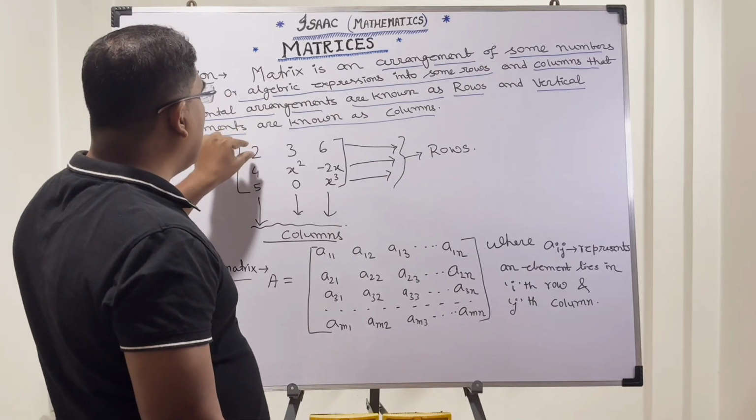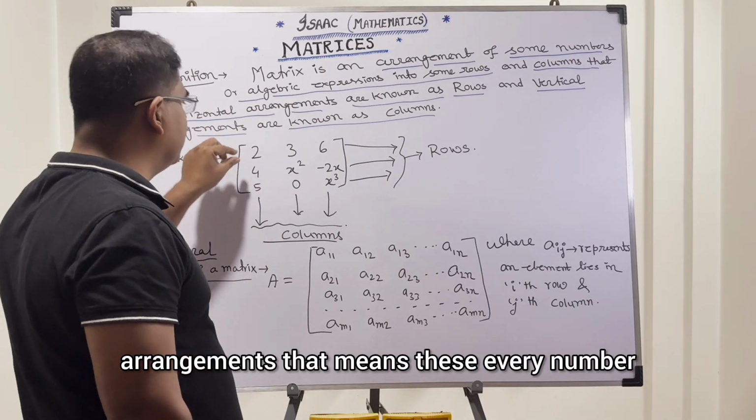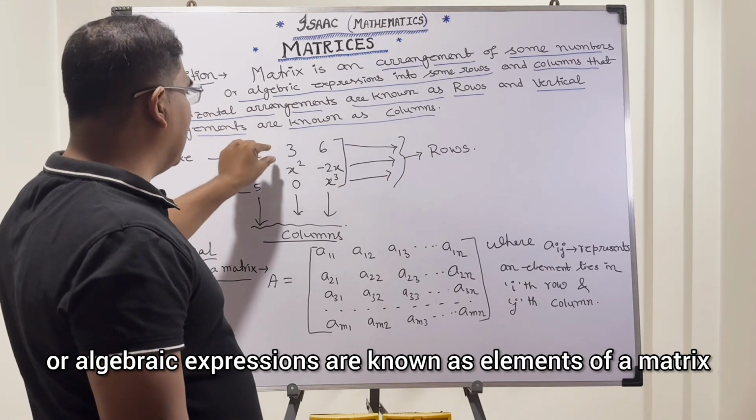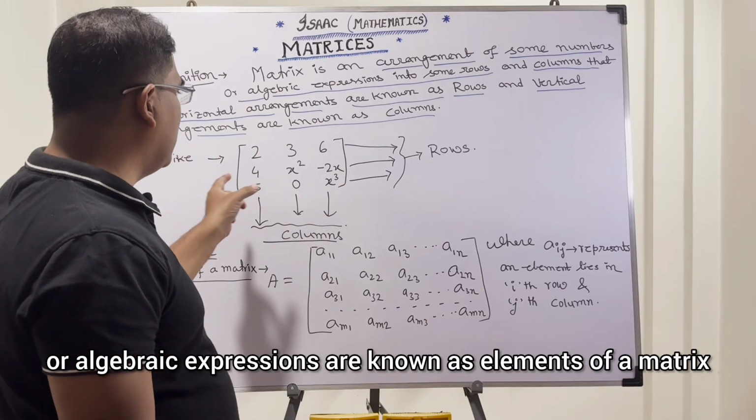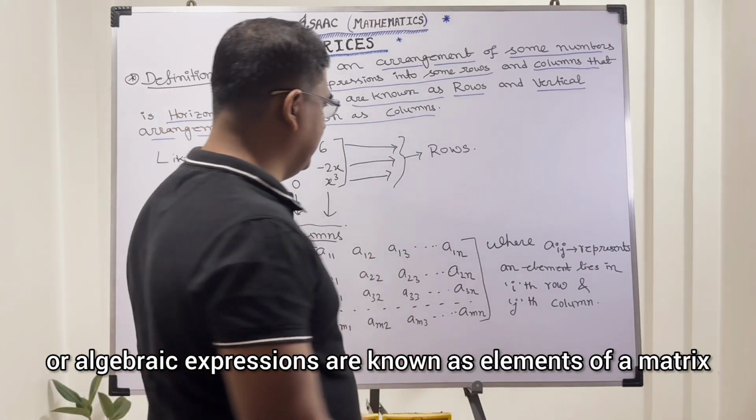Every arrangement, that means every number or algebraic expression, is known as an element of a matrix.